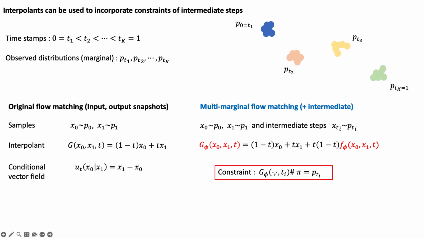So now the constraint that the flow goes through the intermediate step can be written using the push forward like this. But here there is some strange looking formula and it's a bit tough. But anyway, I will explain it on the next slide. So now you have a constraint by a formula.